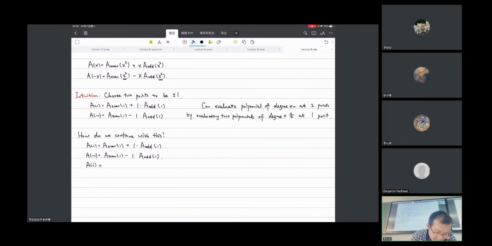Just according to the definition, because i squared equals minus 1, this equals A_even(-1) plus i times A_odd(-1). Again, i squared equals minus 1.